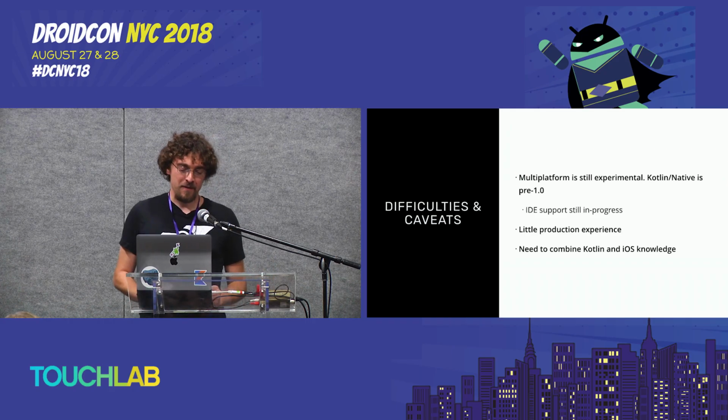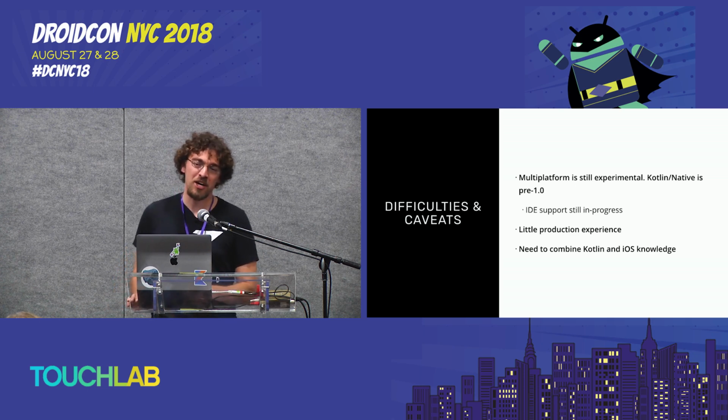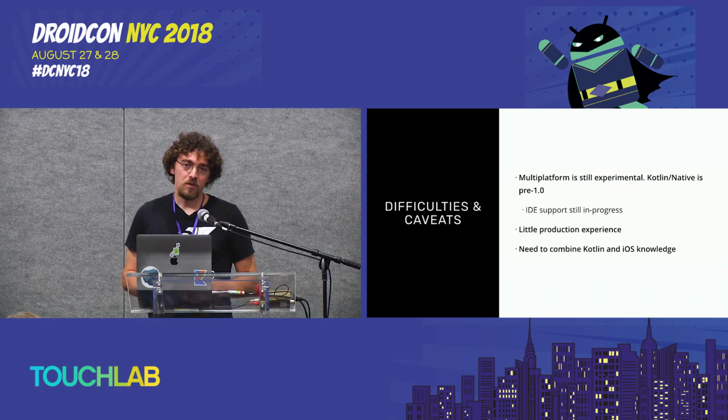And then probably the biggest thing is there's this seam here where you need to be able to combine the Kotlin knowledge and the iOS knowledge, right? When you're building the iOS side implementation of a Kotlin module, in general, people in the Android world know Kotlin a lot better than people in the iOS world.